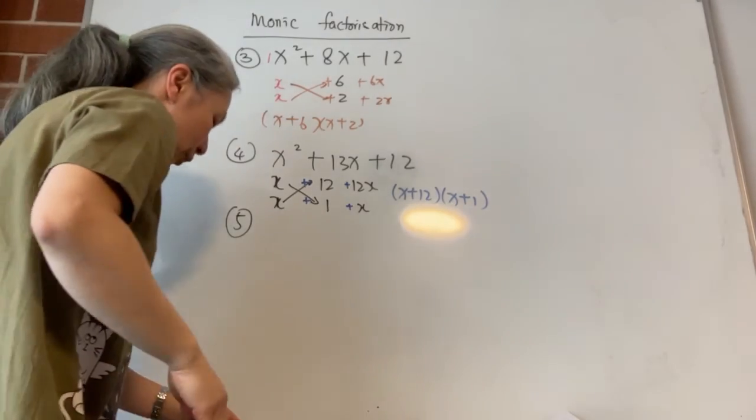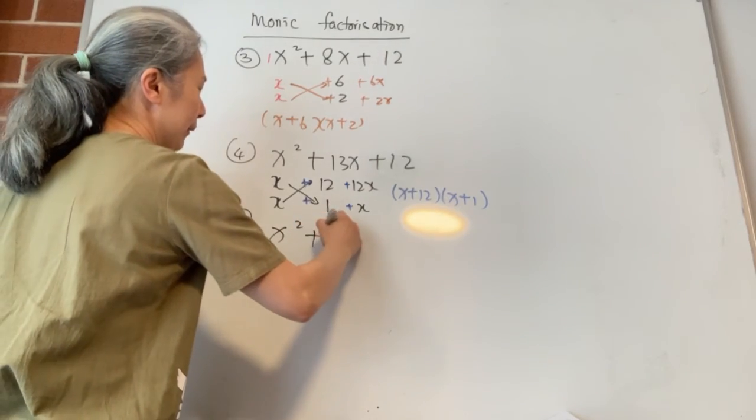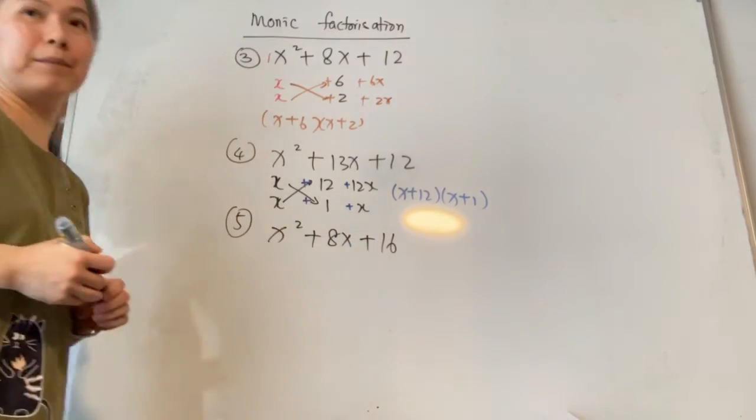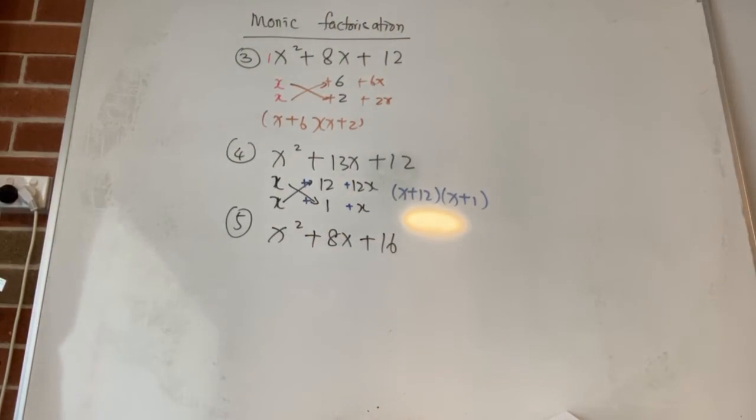Okay, the next one you are going to try will be, yes, this one. So x squared plus 8x... number to get to x, and write x and x.